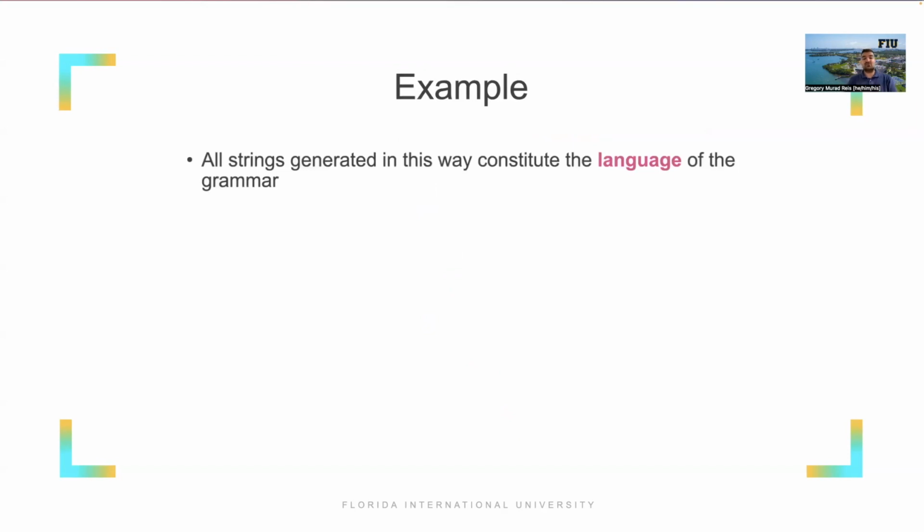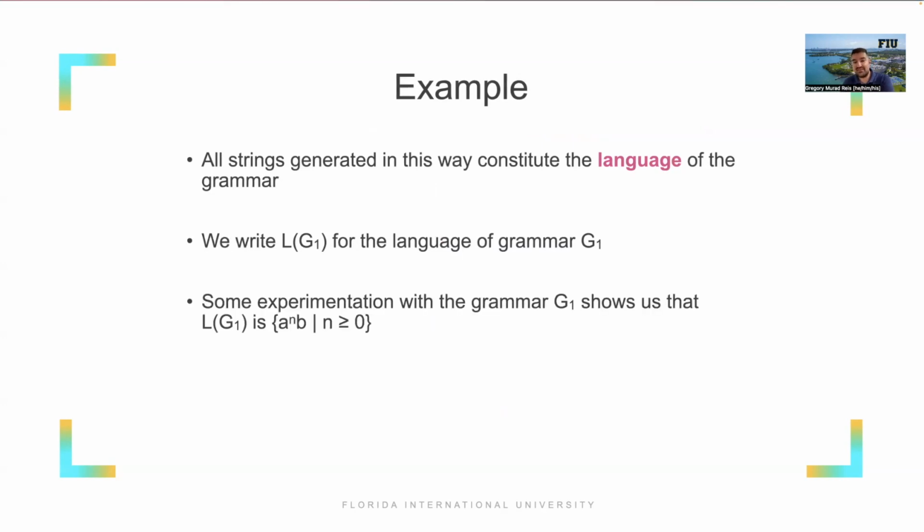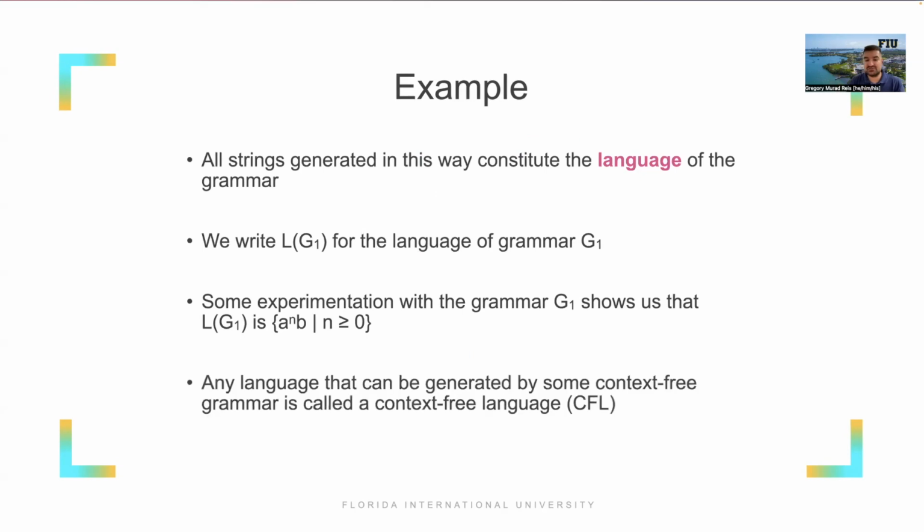Okay? So all the strings generated by a context-free grammar are part of the context-free language. So we say that the language of grammar 1 is the language generated by that grammar. In that previous case, the language that it generates is a to the n followed by only one b, for any n greater than or equal to 0.